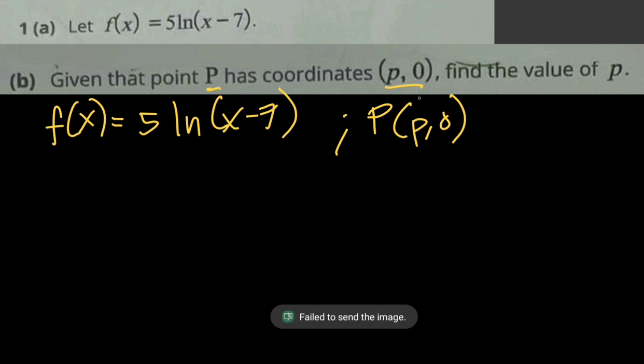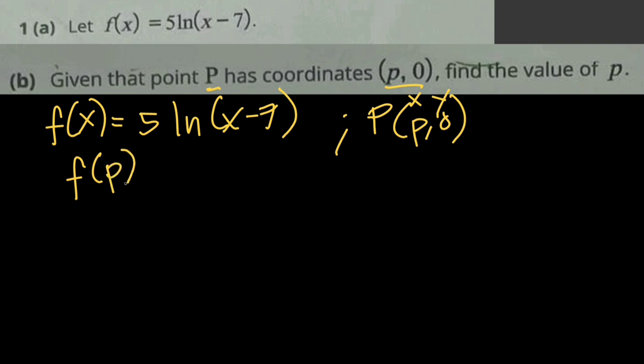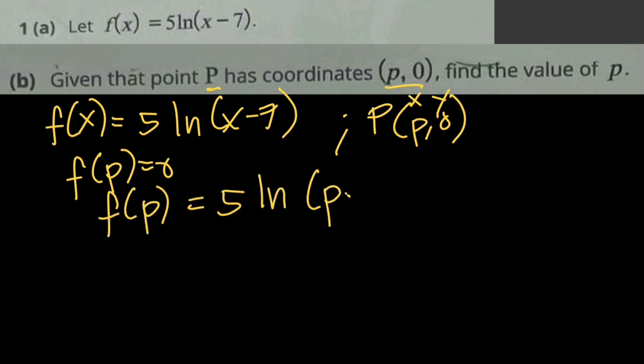So the x value here is P and the y value is equal to 0. So that means point P lies on the graph of f of x. So f of P is equal to 0. Then we can write our function as f of P equals 5 ln of P minus 7.